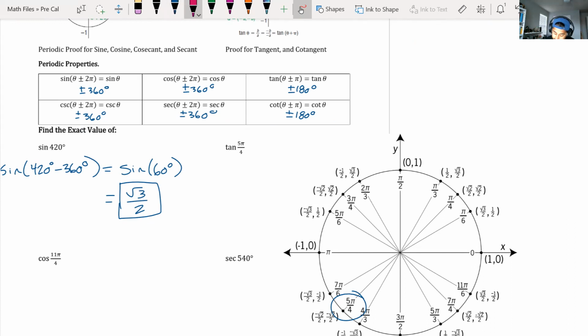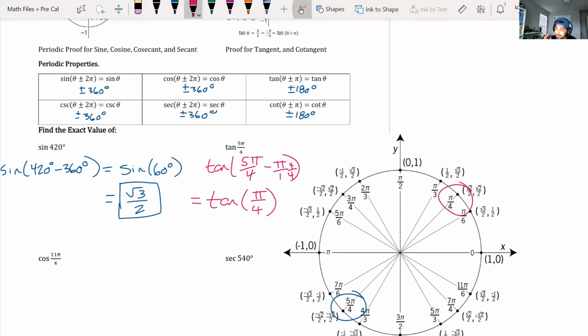Pi. So this would become the tangent of 5 pi over 4 minus pi. You'd put pi over 1 and get a common denominator of what? 4. So this would be tangent of 5 pi over 4 minus 4 pi over 4, which would give us an equivalent statement of the tangent of what? Pi over 4.